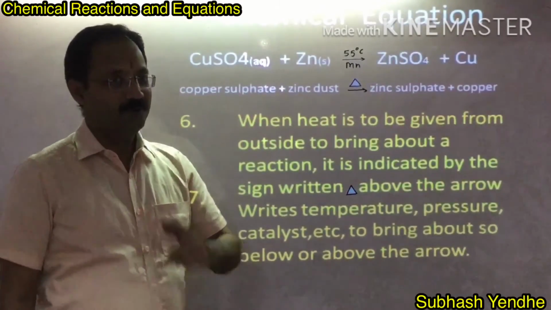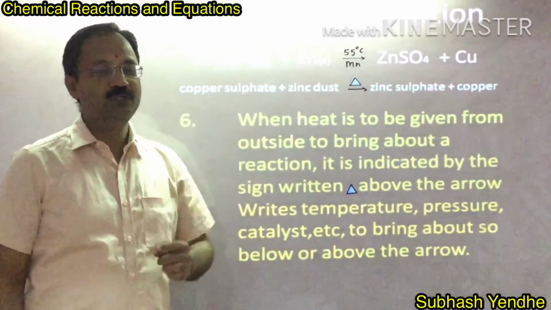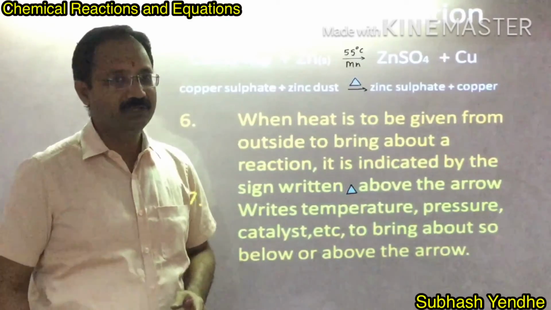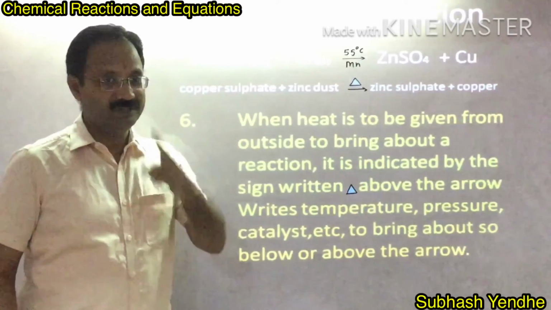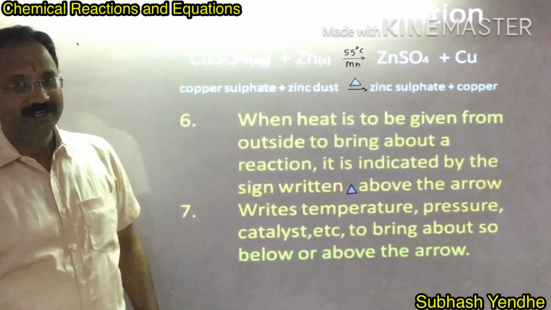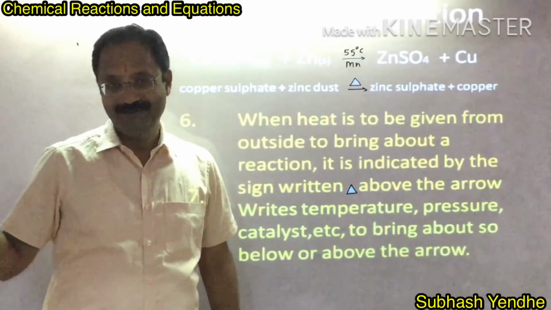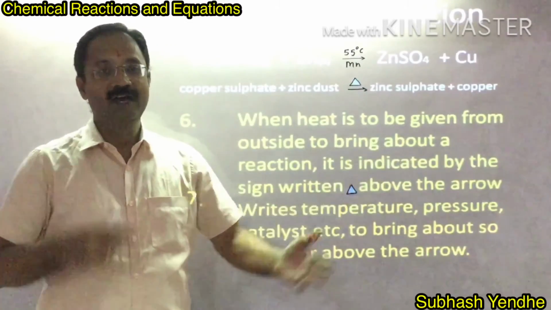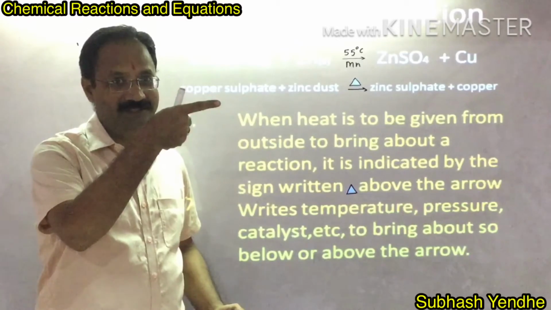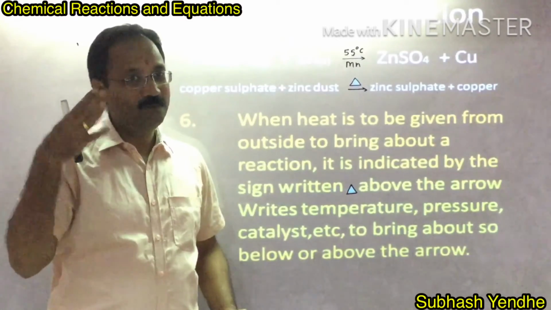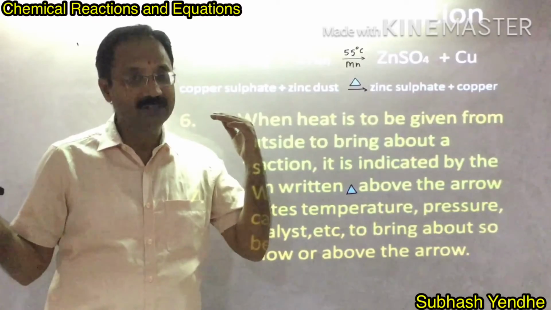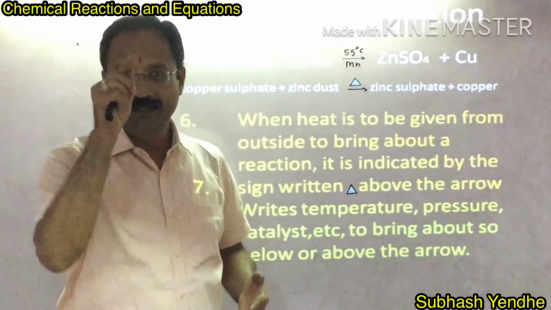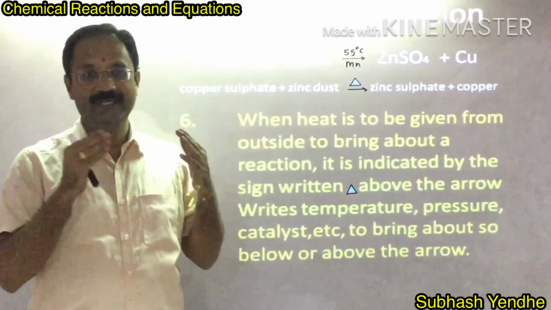Okay students, from this you learn how to write a chemical reaction. So again I am going to revise the 7 points. The first points: on the left hand side reactants, right hand side products, arrow heading towards the products. Then the fourth point, if the products and the reactants are more than two, then you have to write the plus sign in the middle of them.